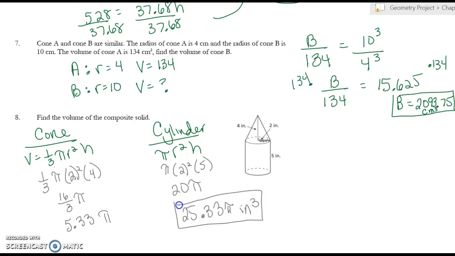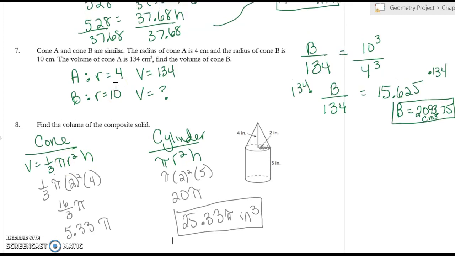So remember the thing with composite figures or solids, you want to find the volume of each one and then figure out if you're adding or subtracting. If one's inside of the other, you're going to subtract. But if they're connected and they're all outside of each other, then you add. Okay? So I don't think these are that hard. I think the biggest hint for all this is always just write the formula. And then you're just plugging in numbers.